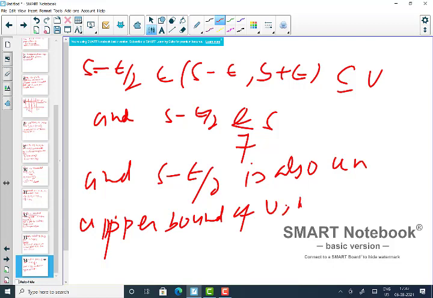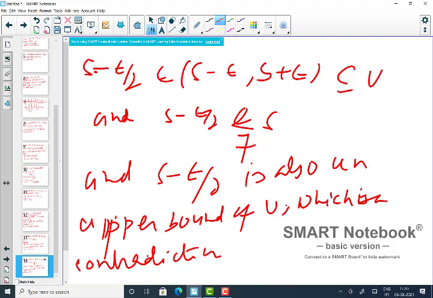But this is a contradiction, because S is the least upper bound, the supremum of U, right? So what does that mean?